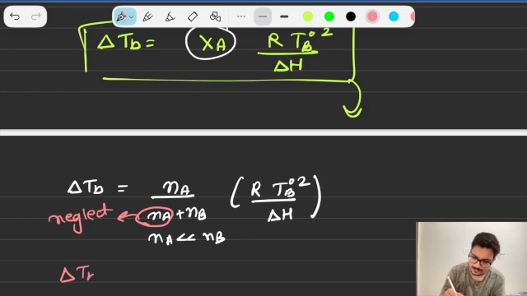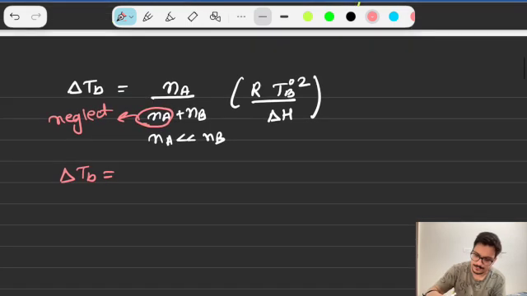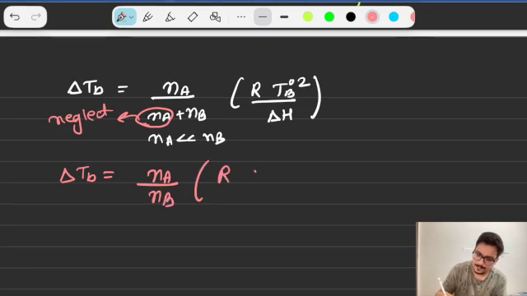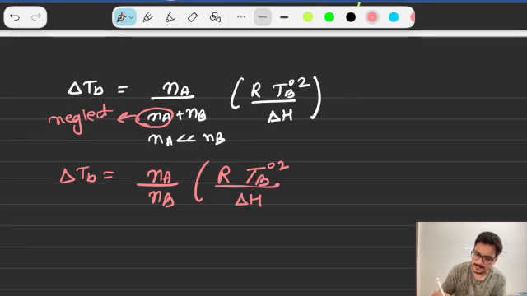So delta TB would be equal to moles of A upon moles of B, R times T naught B square upon delta H.